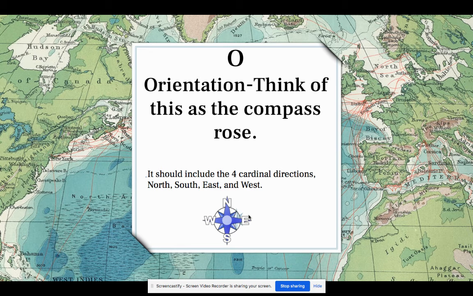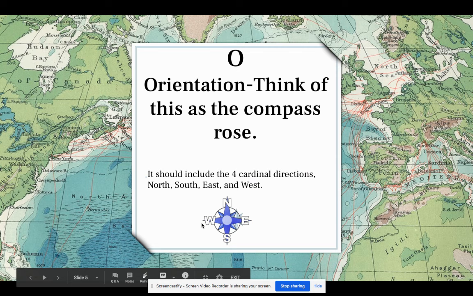I always think of the acronym Never Eat Soggy Waffles. That tends to help students. We'll practice that skill a little bit more tomorrow because knowing which way maps face is a huge thing to know.